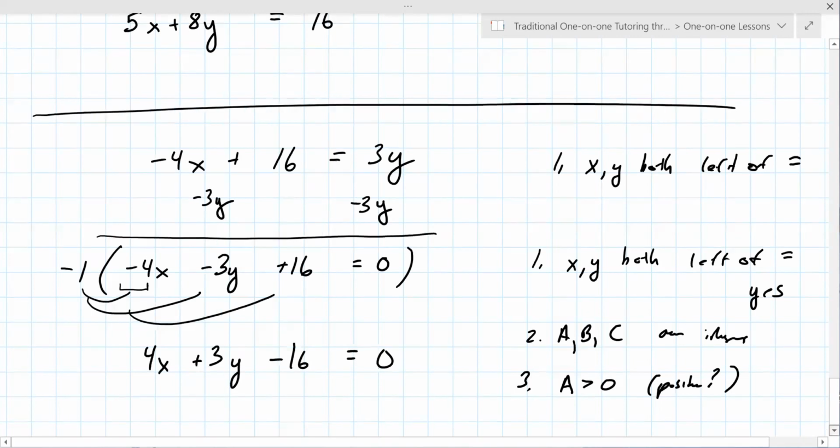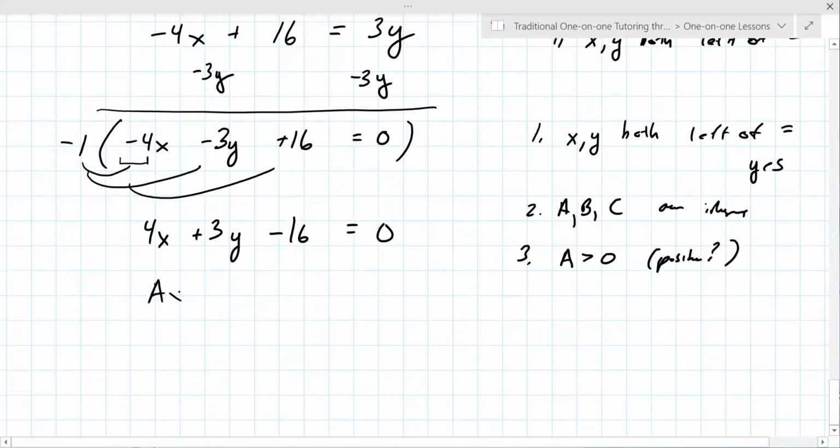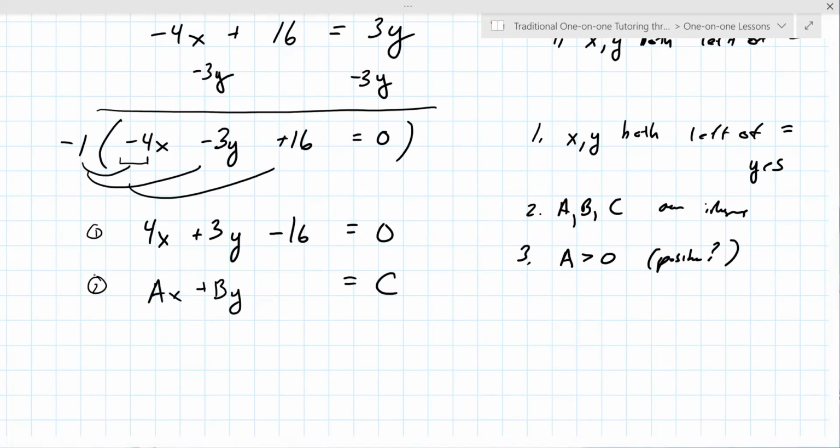Now, let me write standard form underneath this. What is the same and what is different about these two lines? What do you notice about them? I need to think.